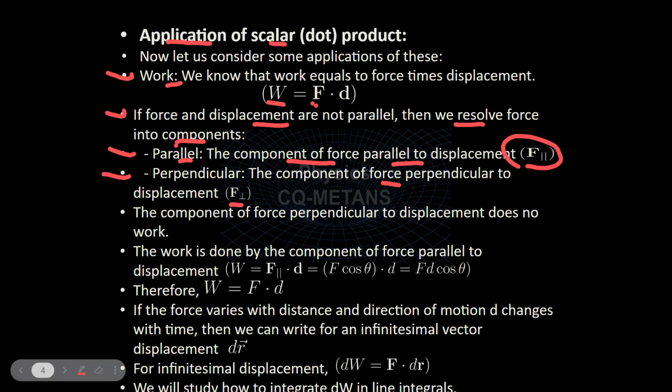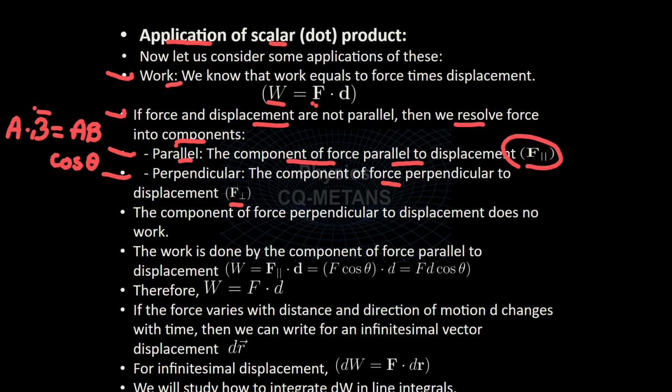Now we know that the dot product A dot B is equal to AB cosine of theta. This is the definition of dot product. We will use this. Now see the component of force which is perpendicular to displacement.